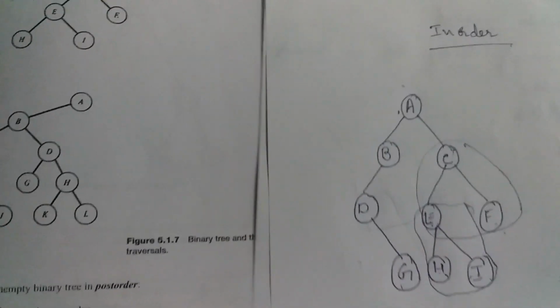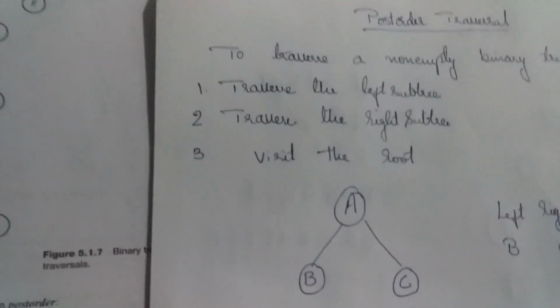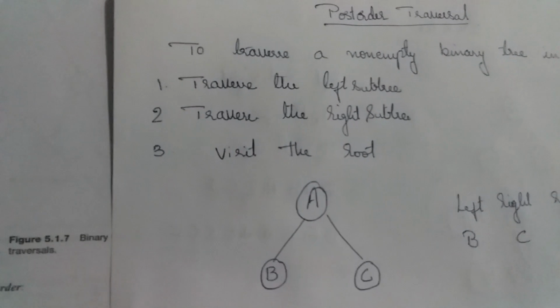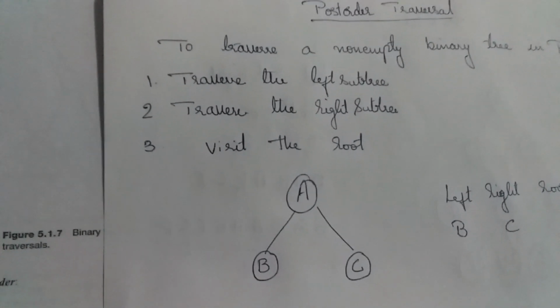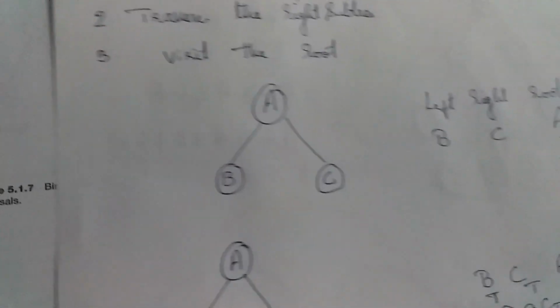Similarly, we have the post order traversal. In post order traversal, to traverse a non-empty binary tree in post order, traverse the left subtree, traverse the right subtree and then visit the root.